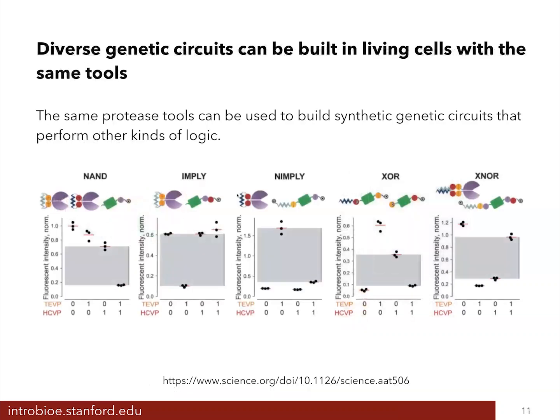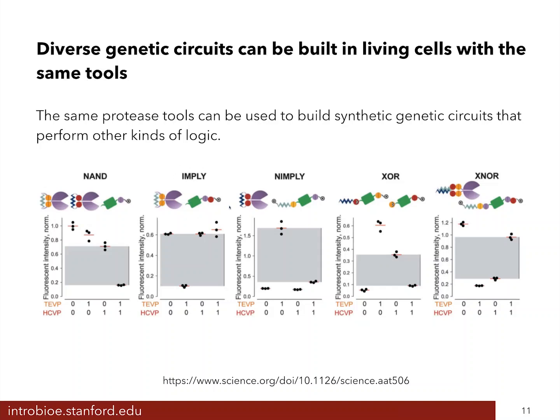What is true for all of these is that you can build diverse genetic circuits with the same tools. The same kinds of protease tools can be used to build synthetic genetic circuits that perform other types of logic. This is a NOT AND gate, so it has exactly the opposite type of behavior as an AND gate, where it's on in all cases, except where both TEV protease and HCV protease are expressed.